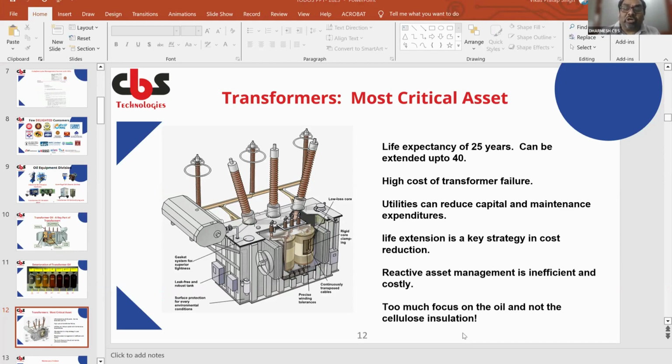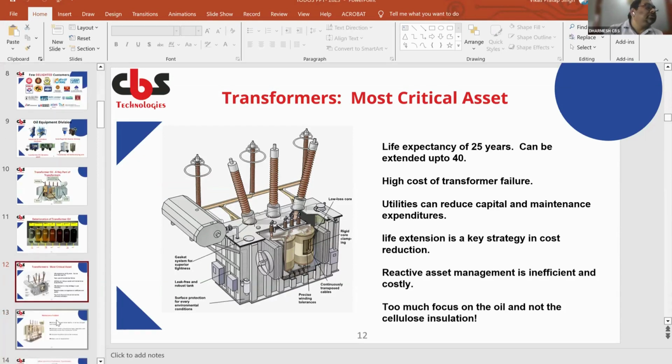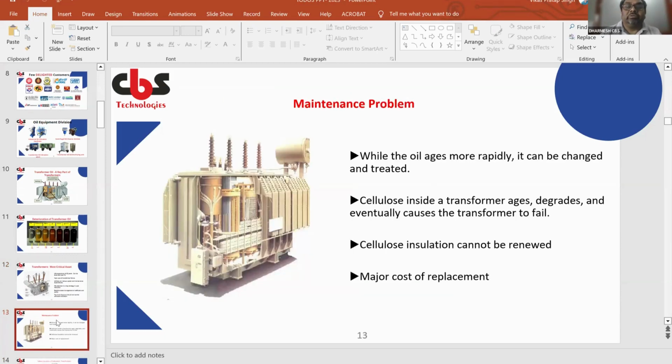We normally talk about oil and not about cellulose insulation. Here we are focusing on the cellulose insulation. Next. Here is how the maintenance problem is narrated.